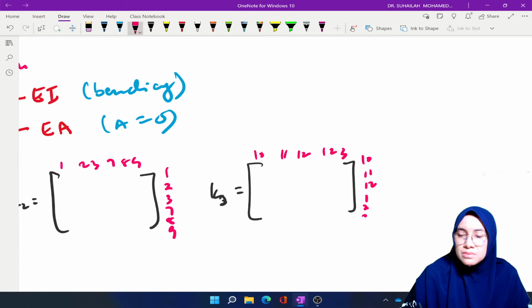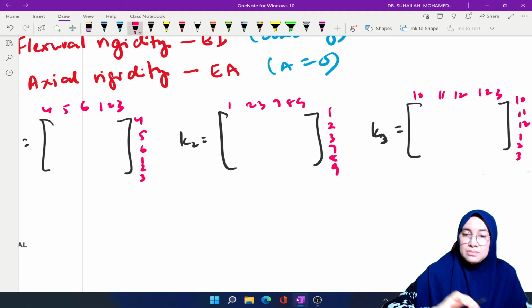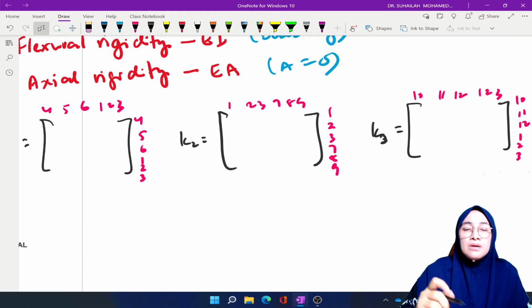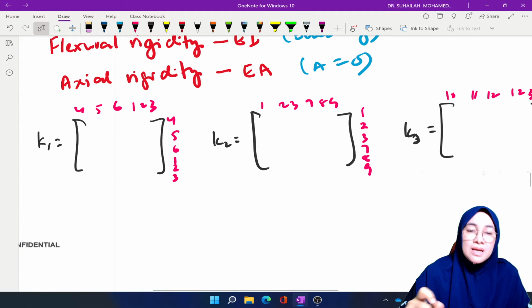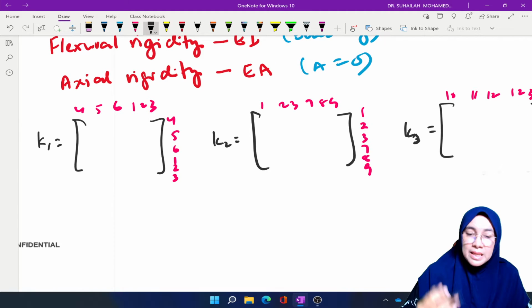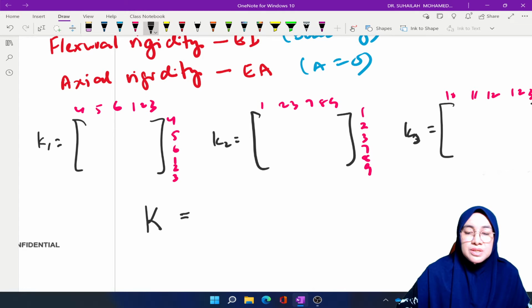Of course we need to have the structure stiffness matrix, but up to 3 degrees of freedom only. Later we will establish K, which is equal to K1 plus K2 plus K3.